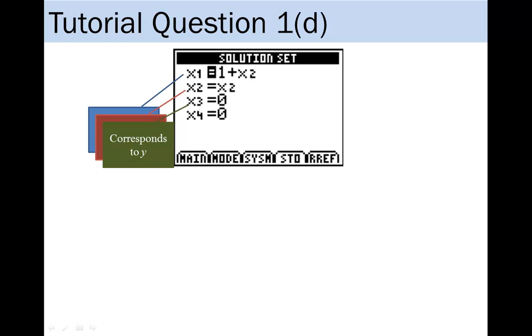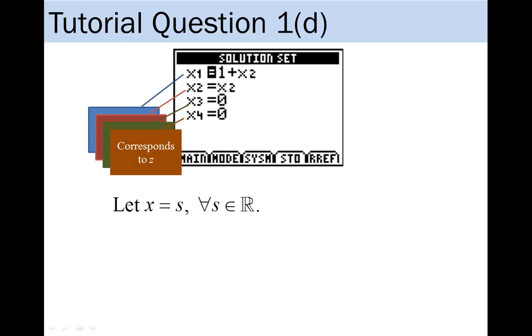Now looking at the last two equations, x3 corresponds to y, and x4 corresponds to z. To write down my solution, because x can take on any value, I will let x be equal to s for all real numbers s.